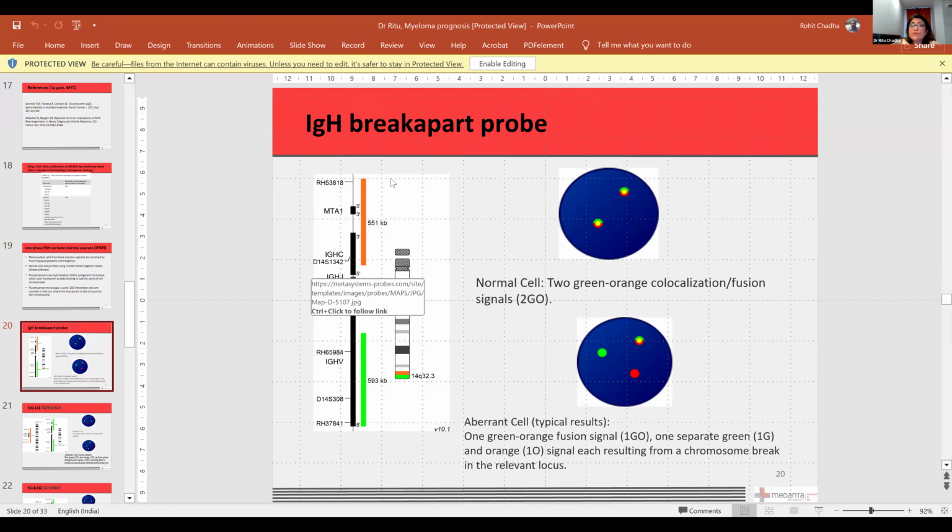So this is an example of how the IGH break-apart probe is hybridized to the 14q32 region on chromosome 14, and the normal cell will have two fusion signals, like two yellow signals. However, in the aberrant cell, the fusion signal will be separated. That signifies a translocation of chromosome 14.